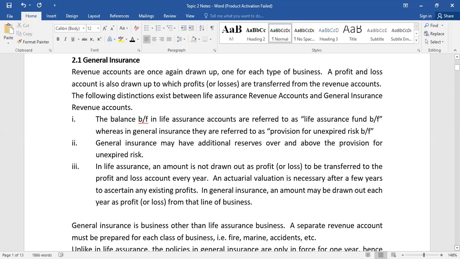But if you go for motor vehicle insurance, it has to be 1 year and then it lapses. This 1 year does not necessarily match the accounting period of the general insurance company, which runs from January to December. So we have customers who will come on 1st January, some in mid-March, some July, some August, some November, some December.